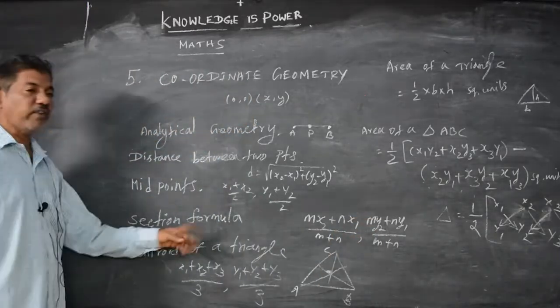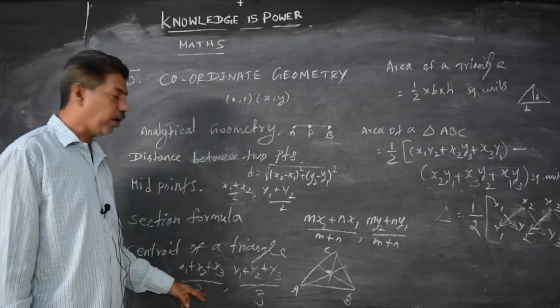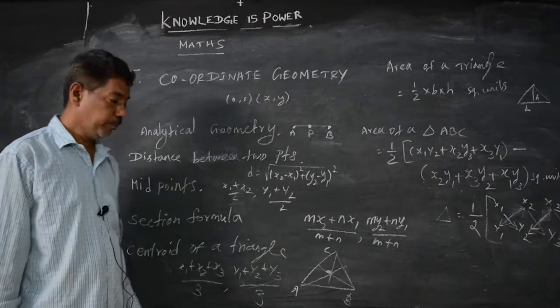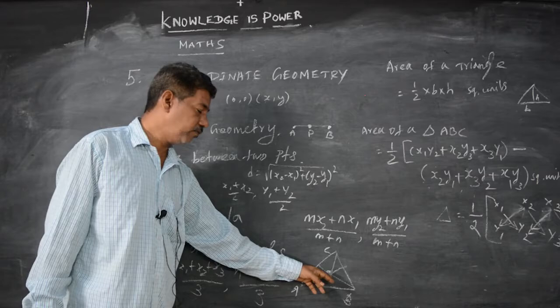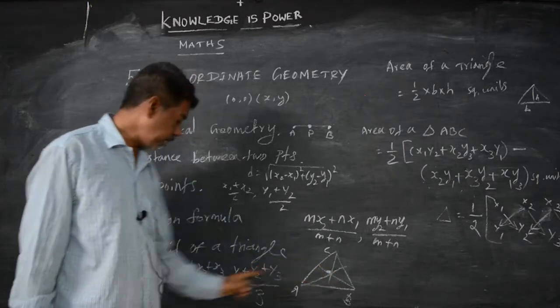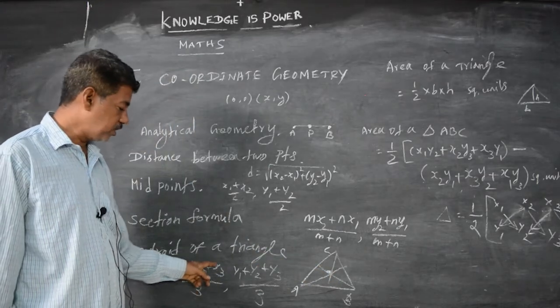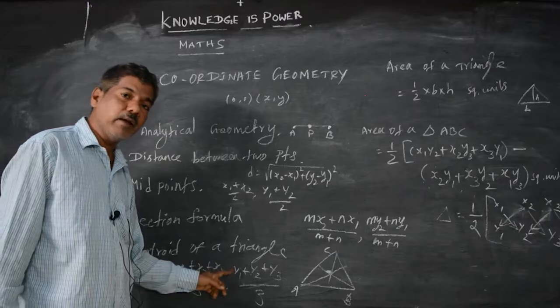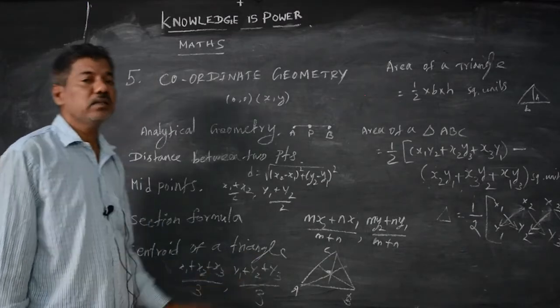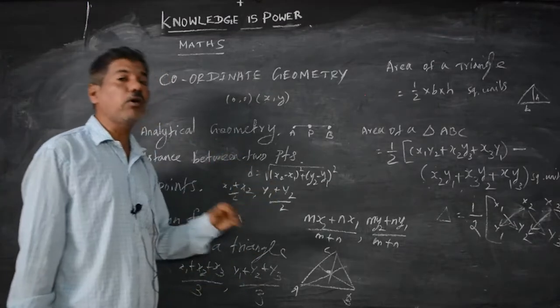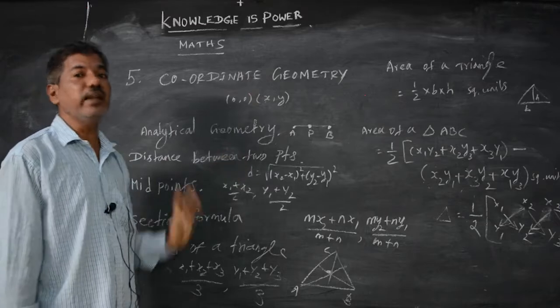Then the centroid of a triangle, the center point of the triangle: x1 plus x2 plus x3 by 3, y1 plus y2 plus y3 by 3. This is only to recall when the sums need it.